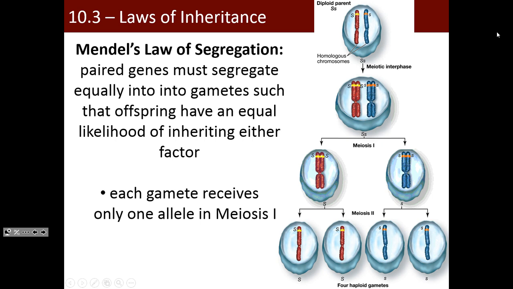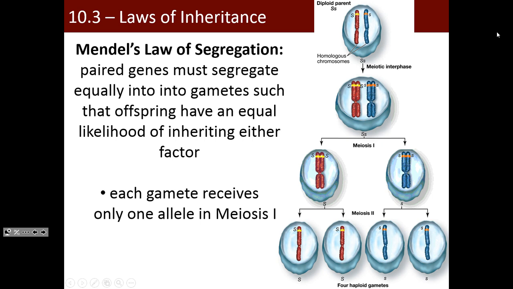All this is really saying is that how these chromosomes divide when gametes are being formed is chance. It's totally random. There's not something specific that always moves one allele to one side or one allele to the other side during cell division.